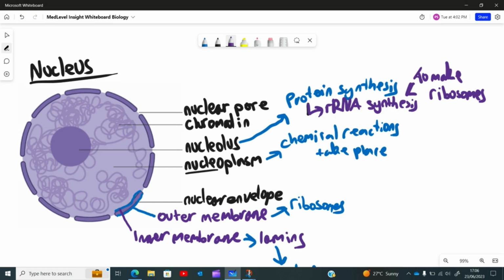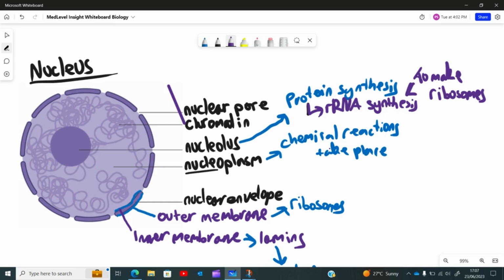Now on to chromatin. So chromatin is weird because in A-level content we haven't really come across this in the nucleus, but chromatin is present. So this looks a bit messy, but I'll just put that in here and explain to you what chromatin is. I'll explain later where chromatin is found, like meiosis, mitosis, but in the nucleus it's different.